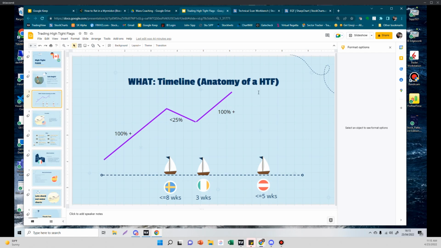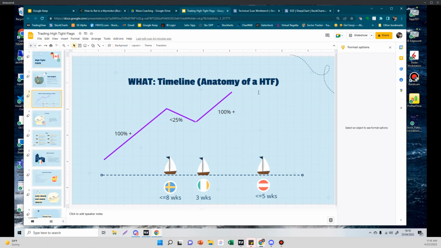You'd need to do some analysis on that, but it just wouldn't appear in my scans, which is why they're the ones that lead me, if you know what I mean. So if it's not made a 100% move, then the scan's not going to allow it through. So I'm not going to see it.